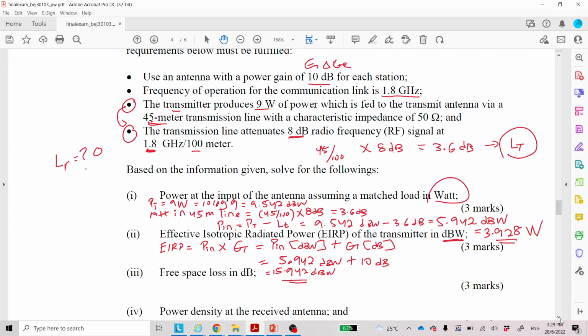So the free space loss. How to calculate the free space loss? Remember, free space loss in dB.